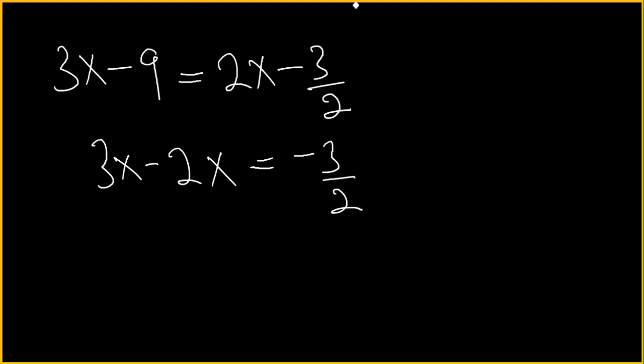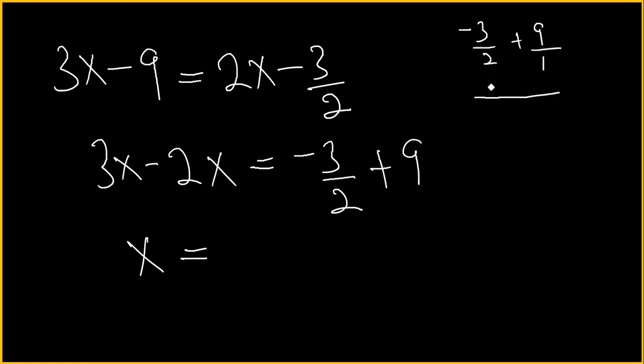The negative 9 is also taken to this side. We have 9. Now 3x minus 2x is given as x equals, we have a fraction which is negative 3 on 2 plus 9. Any whole number is divided by 1. So this is also the fraction form of this. Now we find the LCM to our fraction, and the LCM is 2.